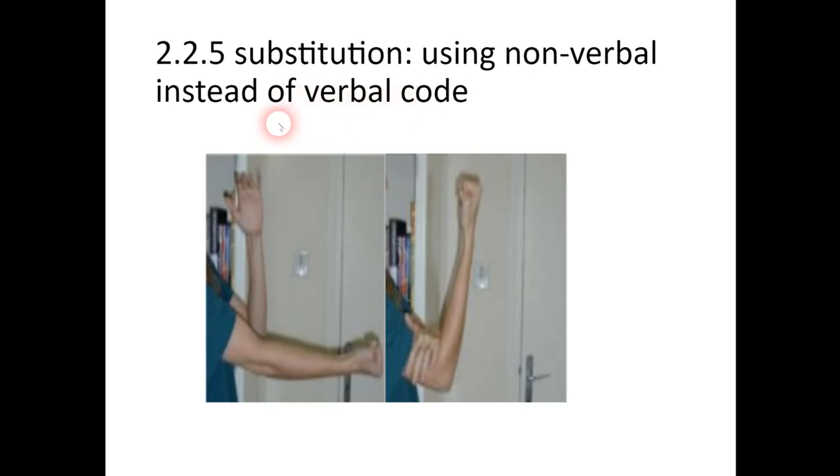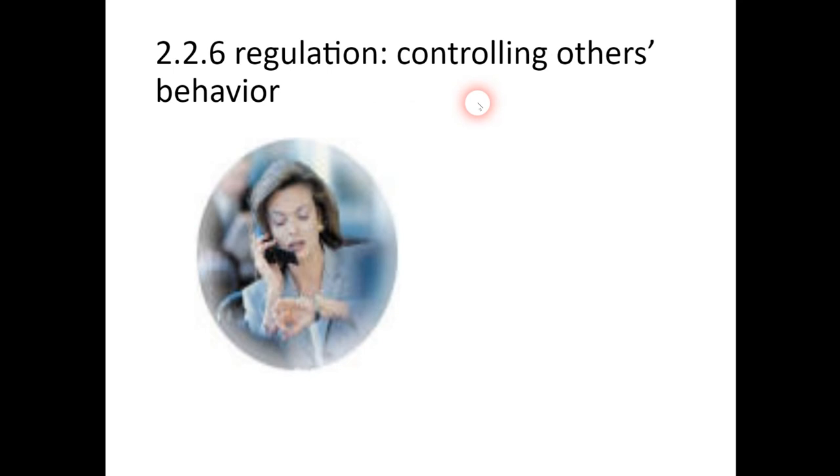When you want to hitchhike, or when you cannot hear, you can use hand gestures, sometimes fingers, as a substitution. X substitutes Y. And you can use it to regulate, controlling others' behavior.